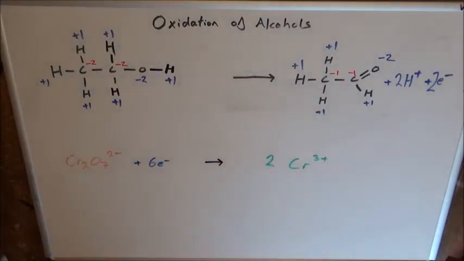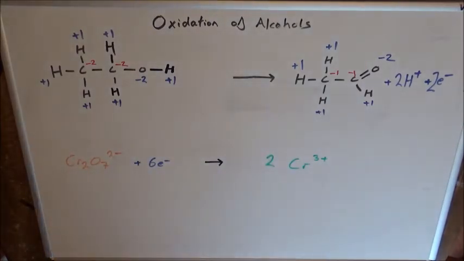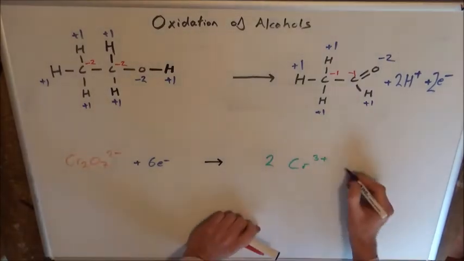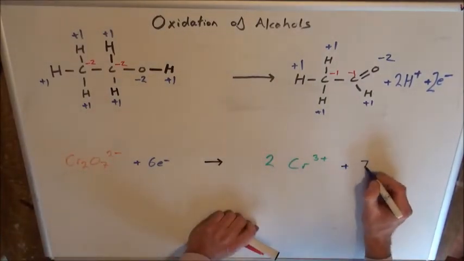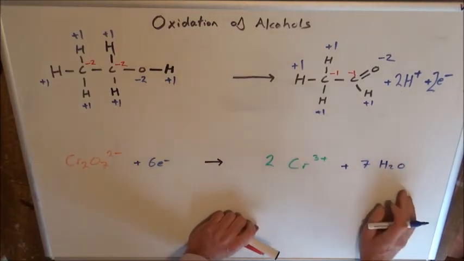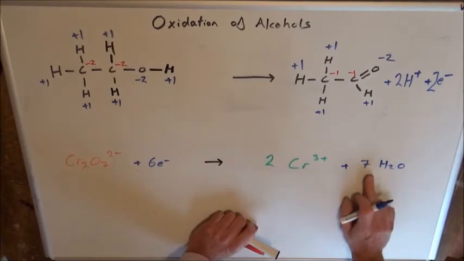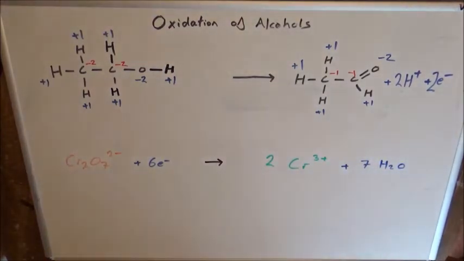The next step is to look at the oxygens, and we've got 7 oxygens on this side, none on this side, so we balance the oxygens by adding H2O molecules. And so to get 7 oxygens we need 7 H2O molecules. And then we look at the hydrogens, which we've introduced by adding 7 waters. So we've got 14 hydrogens on the right.